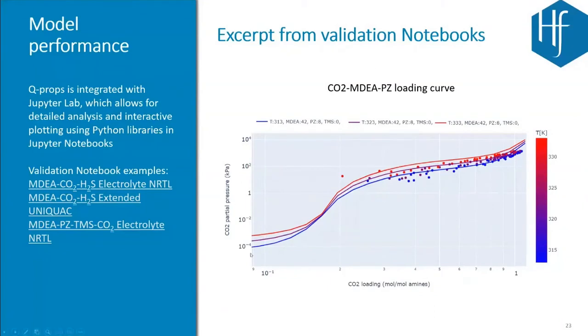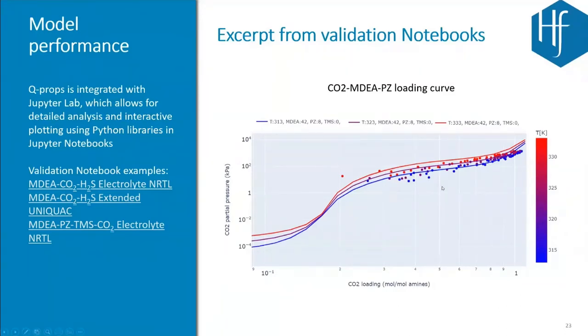Here we see the CO2 partial pressure versus the loading curves for the CO2 MDEA piperazine system, and it's evident that there are cases where there's little correspondence between the experimental data and the model data. And so are we sure that our process ends up in the right conditions where our model is correct?